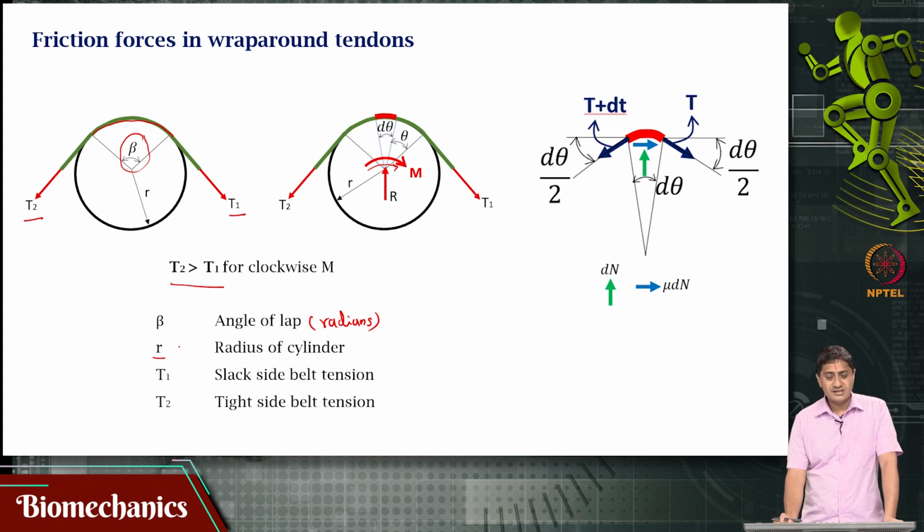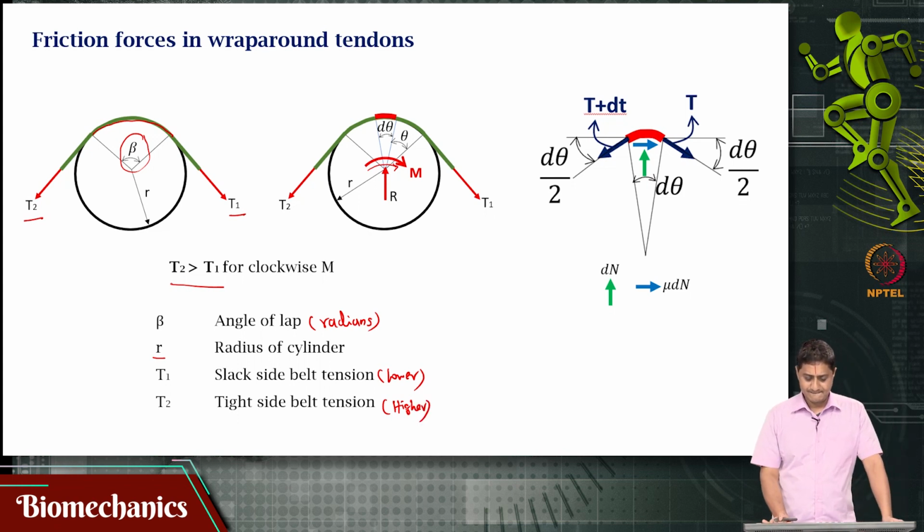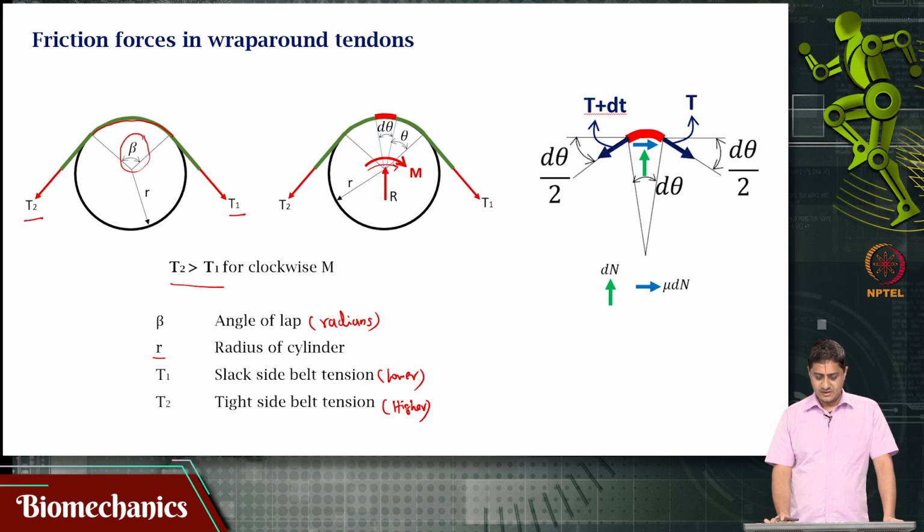T1 is the tension felt on the slack side, the lower tension. T2 is the tension felt on the tight side, the higher tension. Okay.